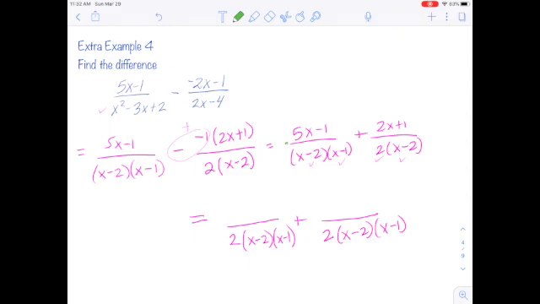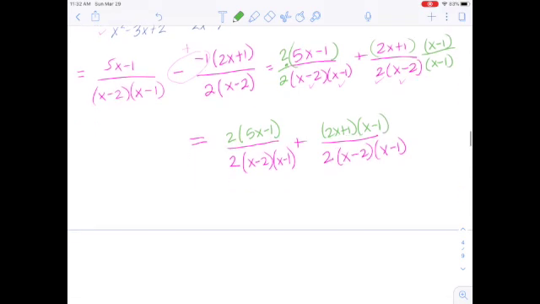Now let's multiply our first fraction by the extra factor of 2 over 2 that we need and add parentheses. So 2 times 5x minus 1. And my second fraction is missing a factor of x minus 1. So multiply numerator and denominator. Add some extra parentheses. That gives you 2x plus 1 times x minus 1.